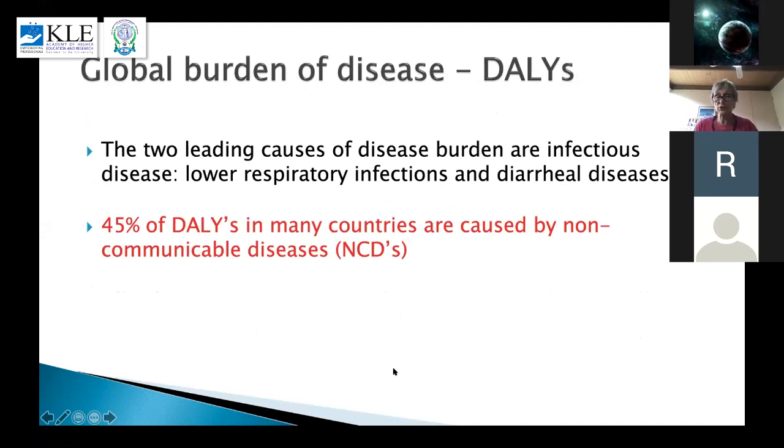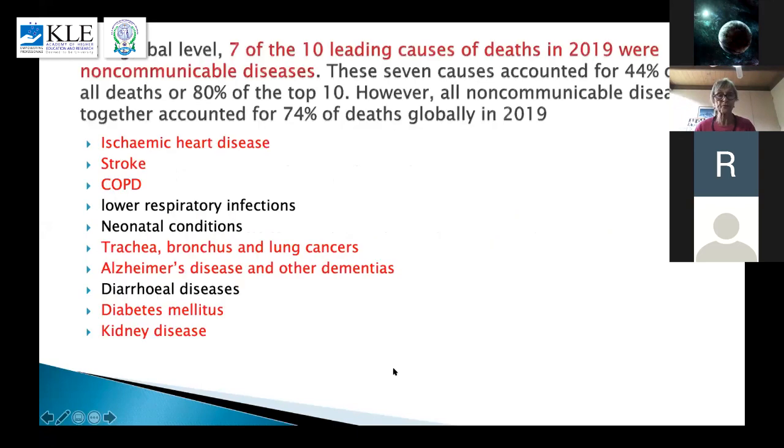But for us as physiotherapists, the next statement, 45% of the DALYs in many countries are caused by non-communicable diseases. And these are obviously areas where physiotherapy is central to interventions and rehabilitation.